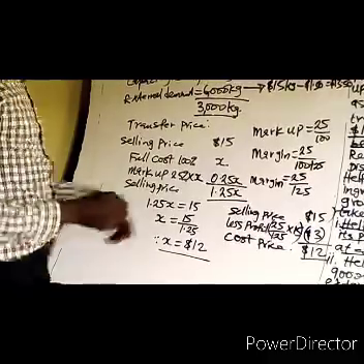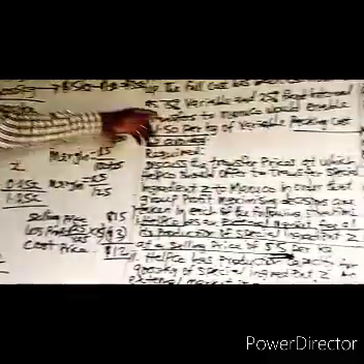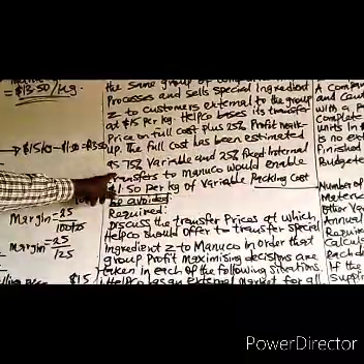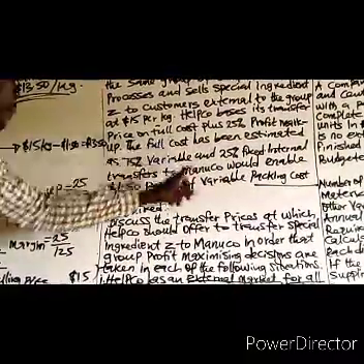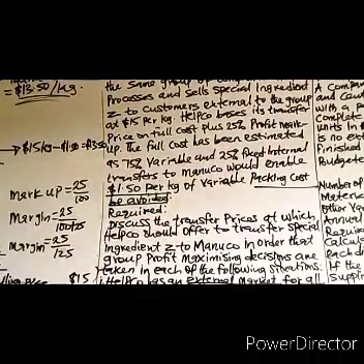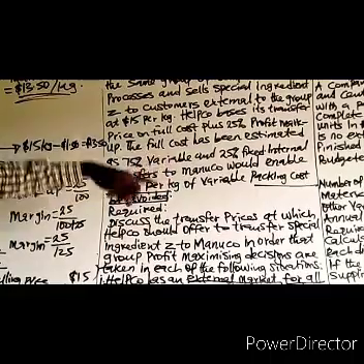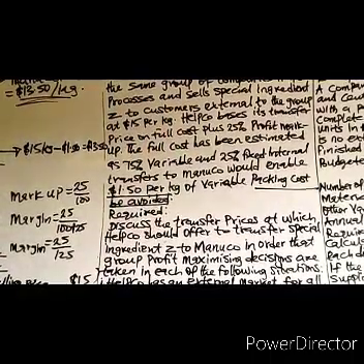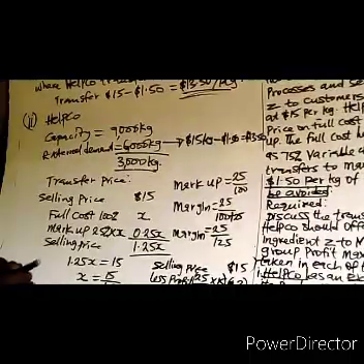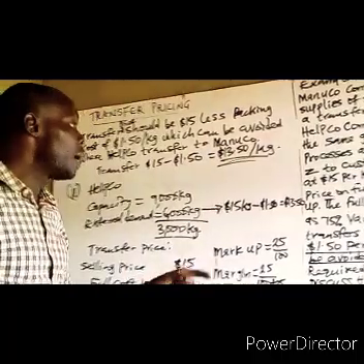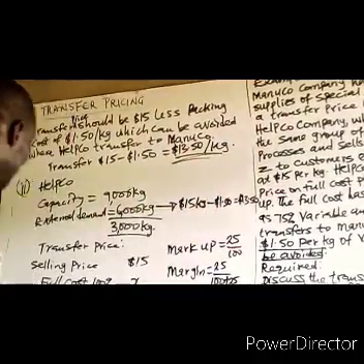Now, you were told in the question that the full cost has been estimated as 75% variable and 25% fixed. And remember, what you need is the variable cost, not the fixed cost. So the variable cost is marginal cost. I've told you that the transfer price will be the variable cost of production plus the opportunity cost of making the transfer.